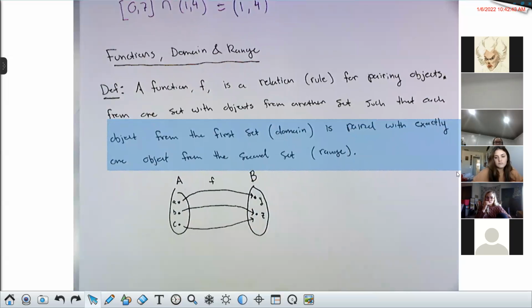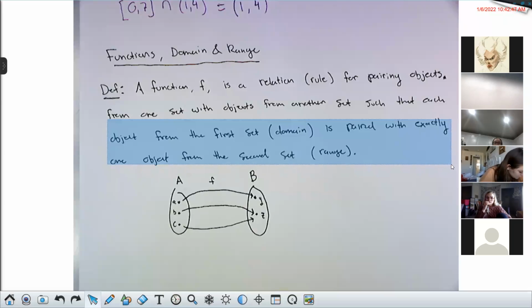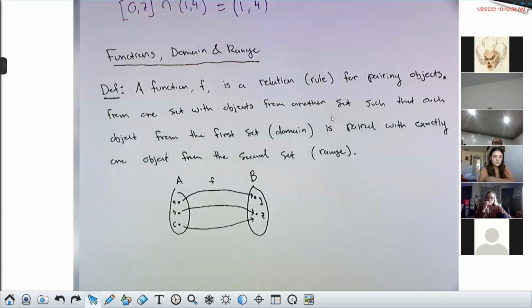No. So I'm glad that you said that, because that's definitely what I'm trying to elicit here. It's a slightly sneaky thing. So how would you contradict this statement? Each object from the first set is paired with exactly one object from the second set. That would fail if there was one object in the first set that got paired with two or more objects in the second set.